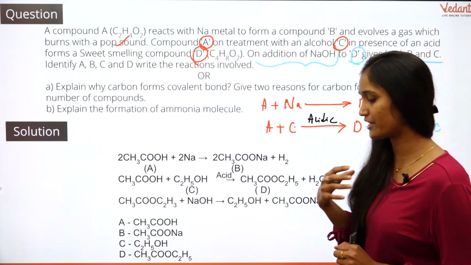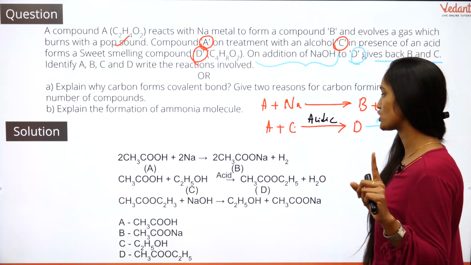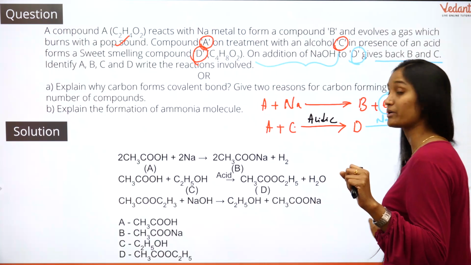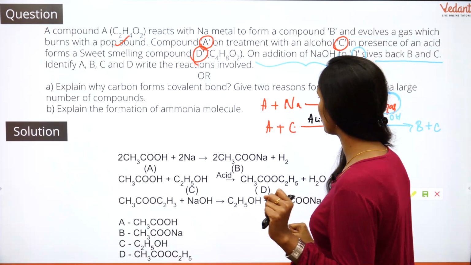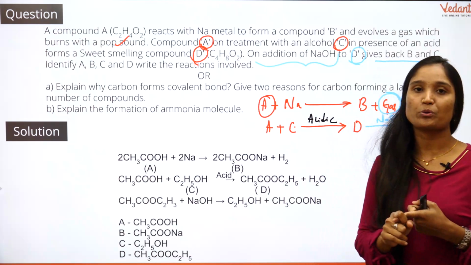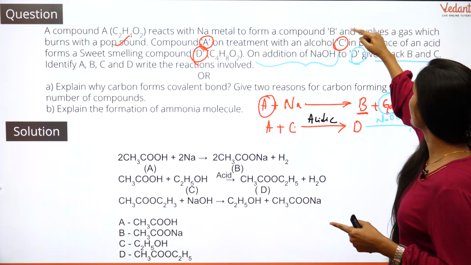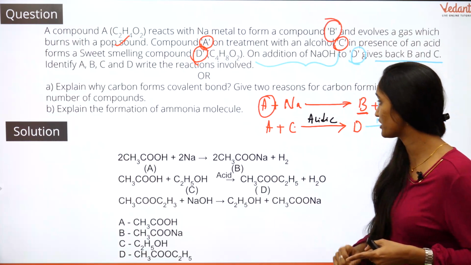Now you have to identify what is what. We already know what this gas is. The gas formed here is hydrogen, which we identified because of the pop sound experiment. Now what could A be? A on reaction with sodium is giving you B, isn't it? And what is the identification of B? Is there any identification given?